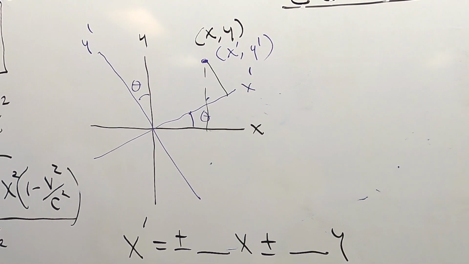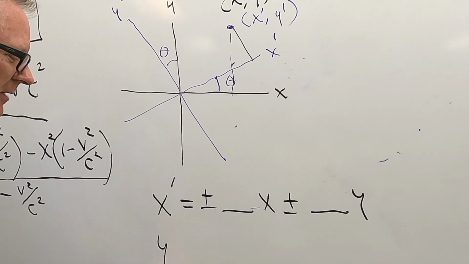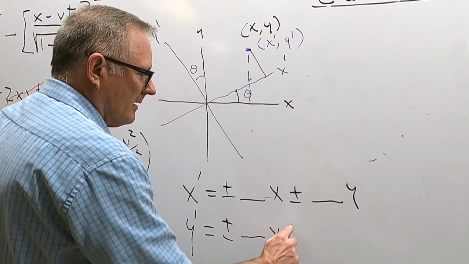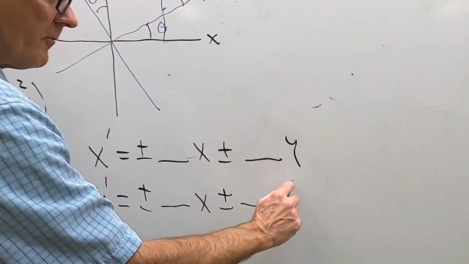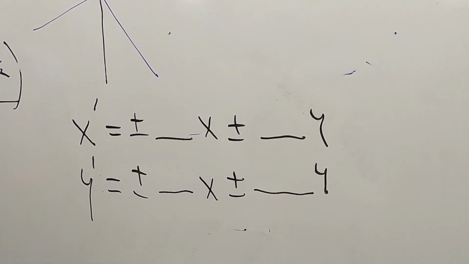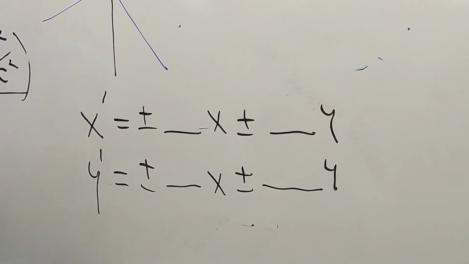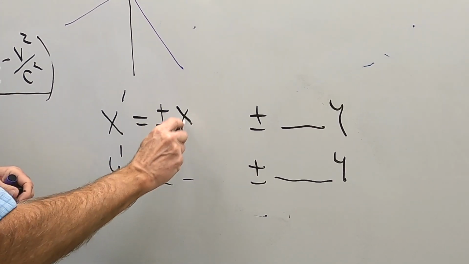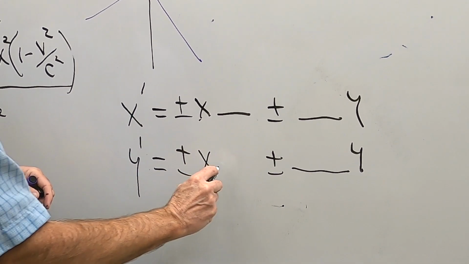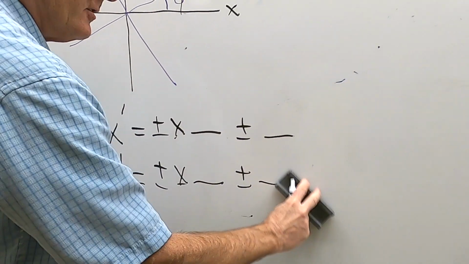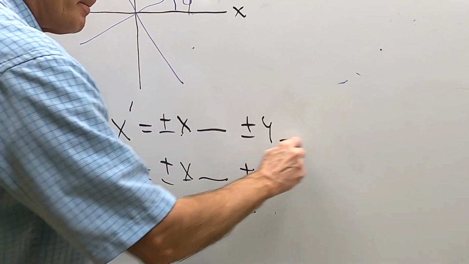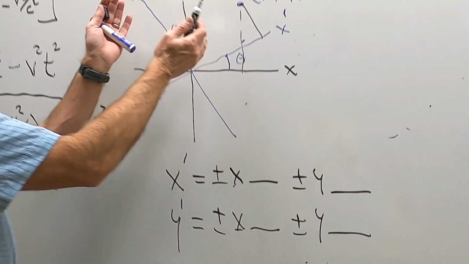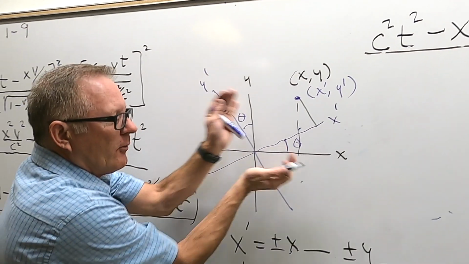Some trig function, since we have thetas in there, and we can do the same thing with y prime. It's plus or minus x something plus or minus y something. Okay, now we do know that when theta is 0, they agree with each other.